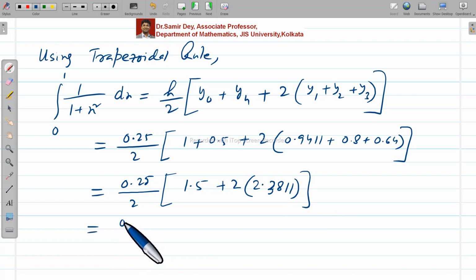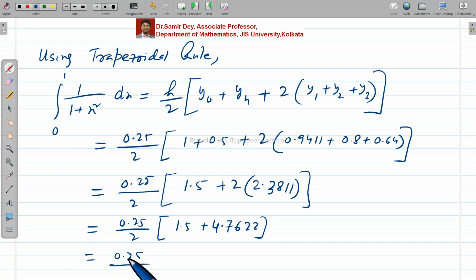So from here it is clear, 0.25 by 2, it is coming 1.5 plus 2 into 2.3811, that is coming 4.7622. So ultimately it is 0.25 by 2 into 1.5 plus 4.7622, it is coming 6.2622.